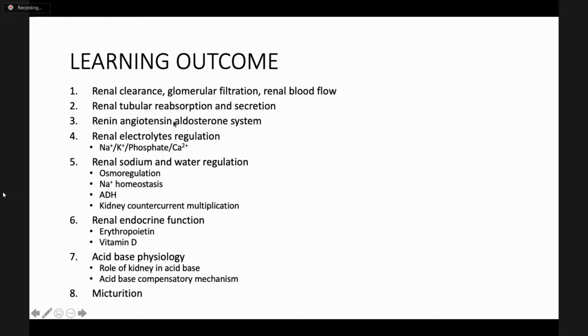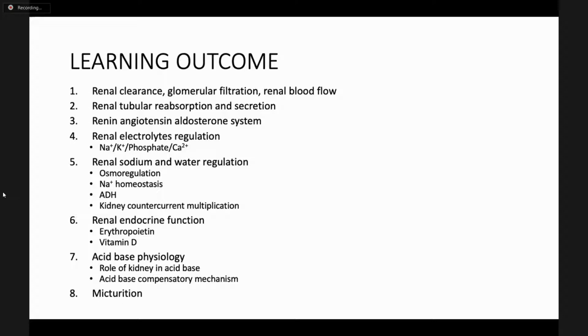And then as we go on with the function of the renal, okay, it is very important to regulate the level of electrolytes in the body. The most important one that you should know is sodium, because there are so many other solutes that depend on sodium level in the body. For example, water really depends on the sodium concentration inside and outside of the cell.